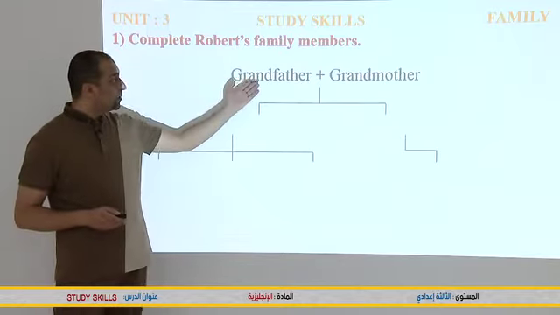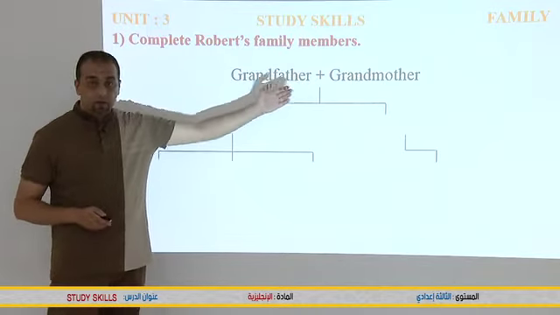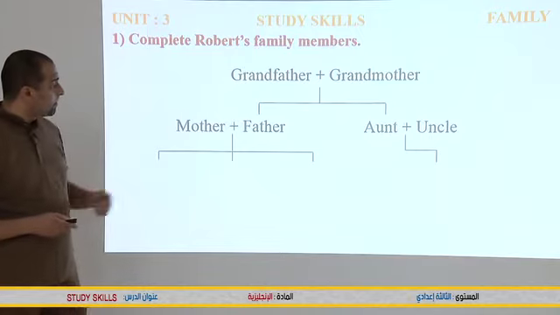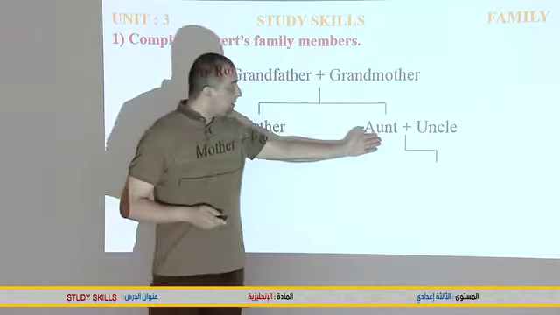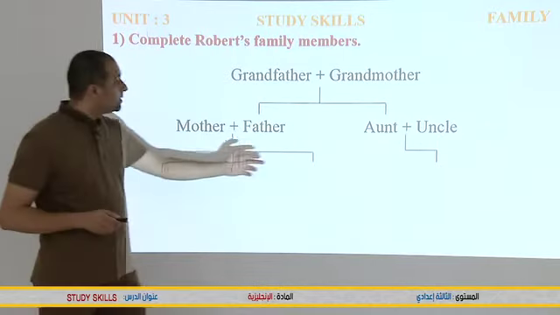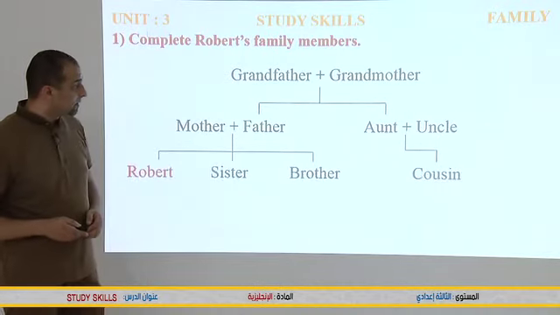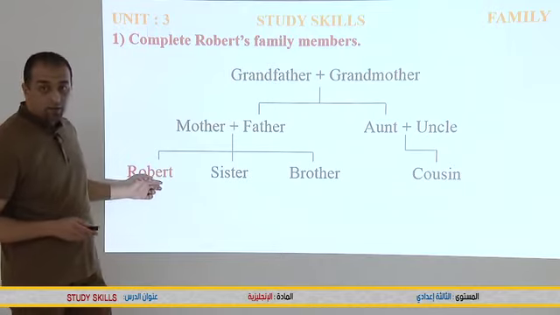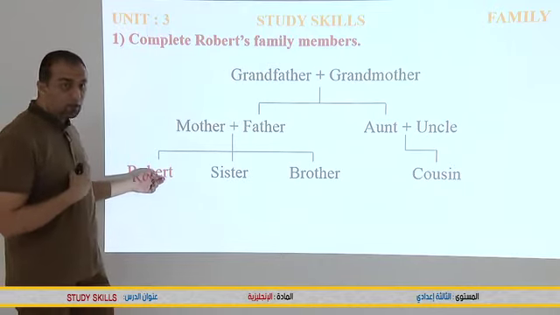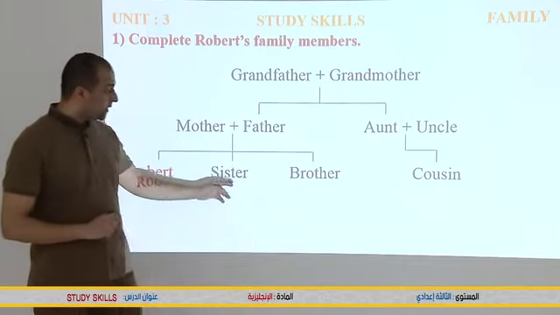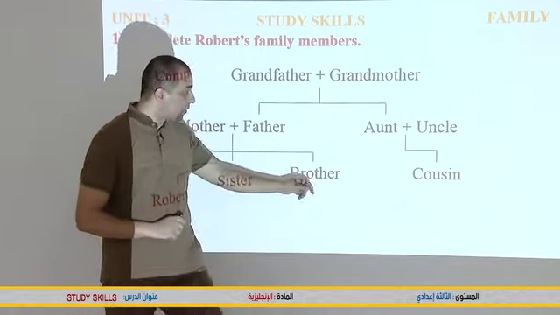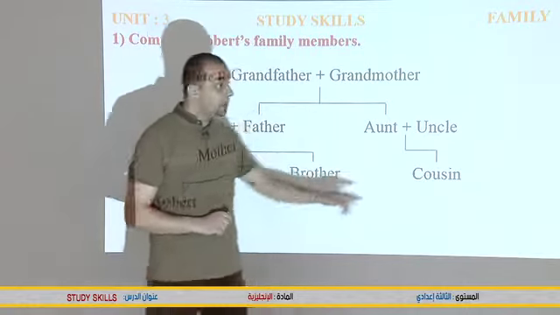So here we have grandfather, grandmother, mother, father, aunt, uncle. Here you have Robert. It's written "me" in the textbook, so here we write Robert. So here his sister, his brother, and his cousin.